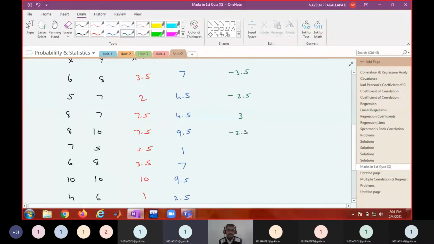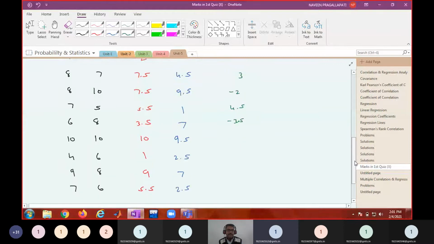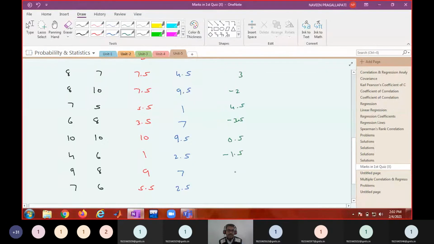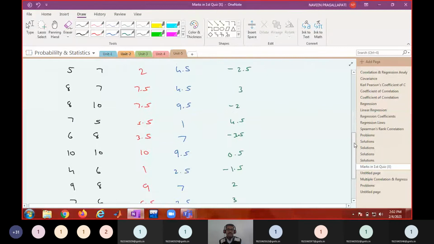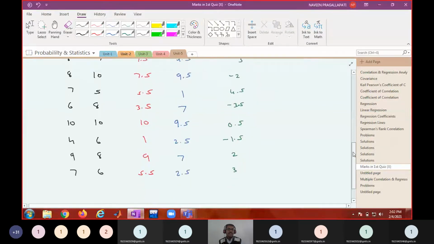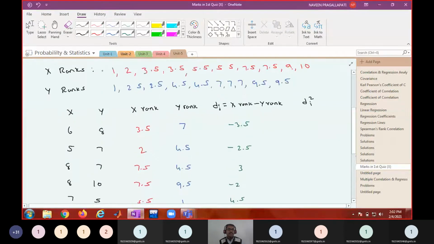Minus 2. Correct. 4.5 minus 3.5, 0.5. 6.5 minus 1.5. Am I right? Yes. Now if you observe, the sum of these deviations must be 0. You can check that the sum of deviations is always 0.